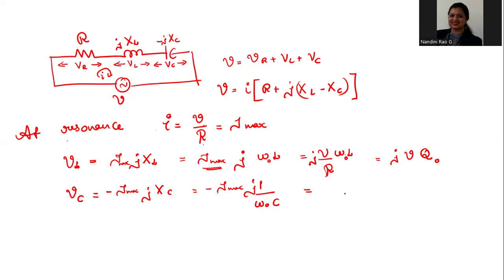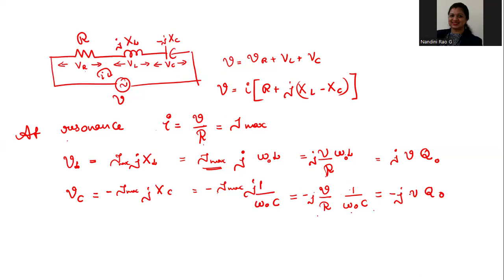For C, no change, right? It is just V by R and then 1 by omega naught C. 1 by R into omega naught C is, sorry, I forgot j here. What is 1 by R into omega naught C? Q naught, correct? So that I will write here equal to minus jV Q naught.